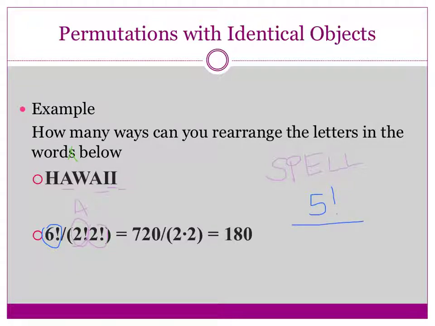Then we're going to divide out by 2 factorial for the 2 L's. Because S-P-E-L-L, even though it doesn't look different, someone may say that's different because the 2 L's switch. So we need to divide out again by all the arrangements that would be exactly the same when you switch out the L's, when they just switch spots.